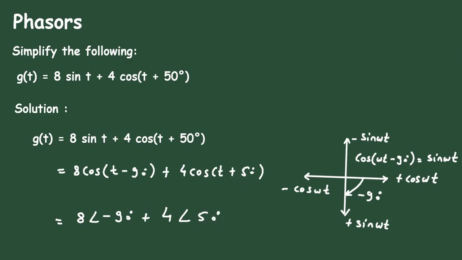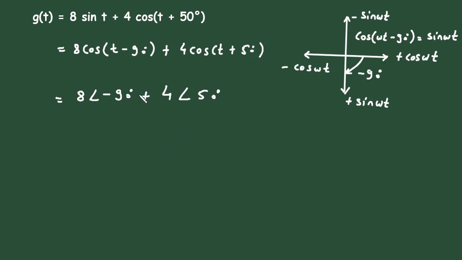Now since we have to add this, and we know that addition and subtraction are better performed in rectangular form, we will convert this polar form to rectangular form.